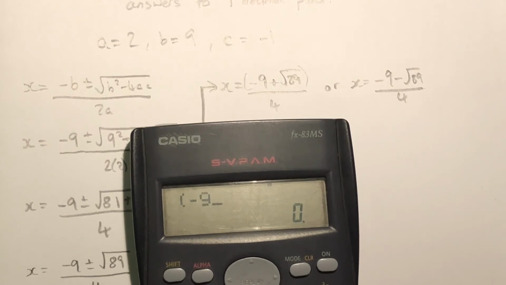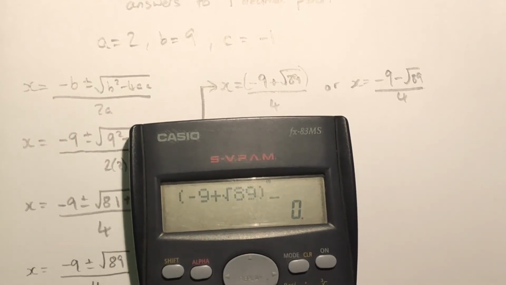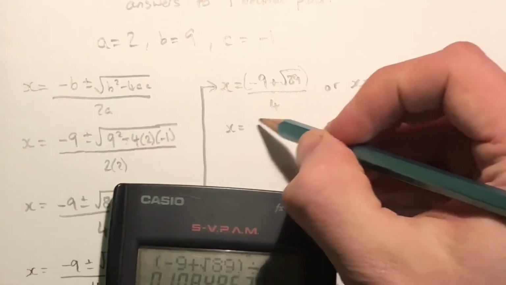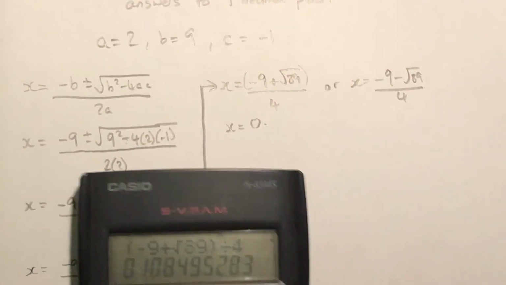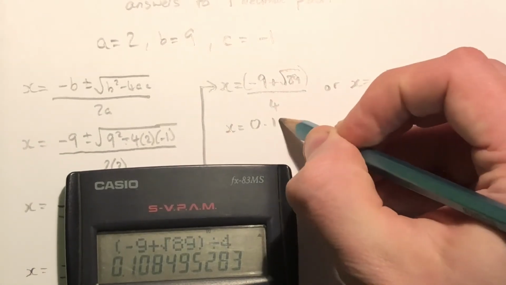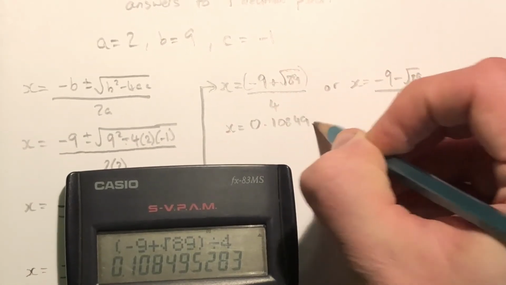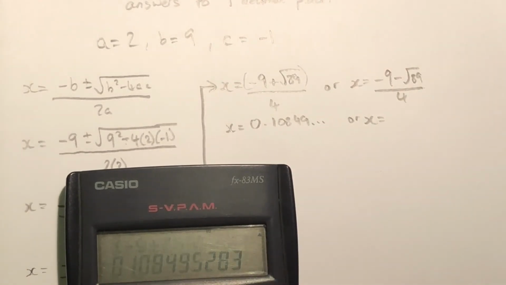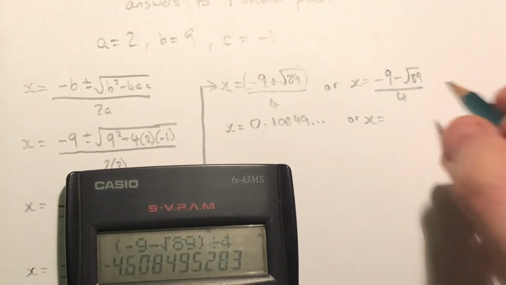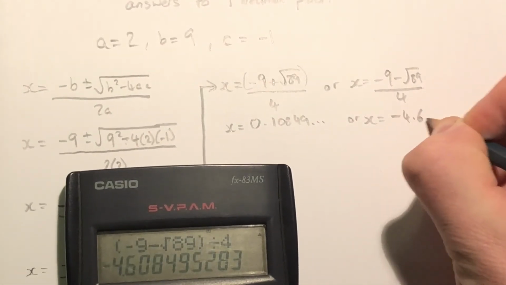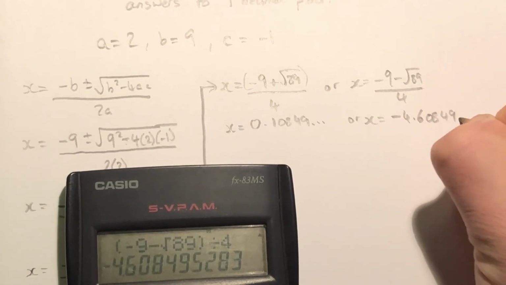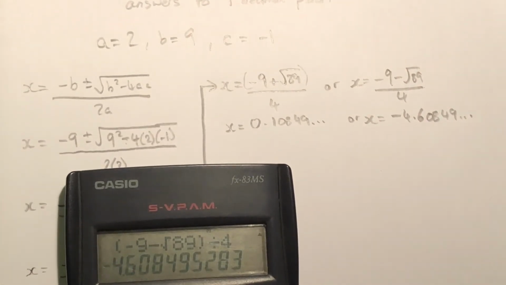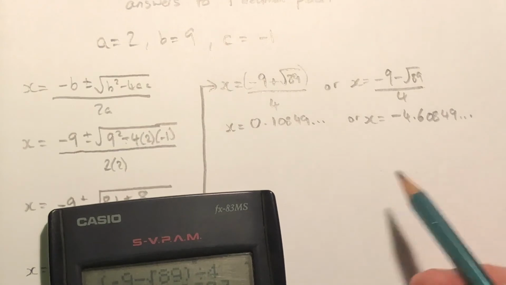So negative 9 plus root 89, close brackets, divide by 4 gives us 0.10849, or x equals, and I'll just change that into a minus 4.60849.